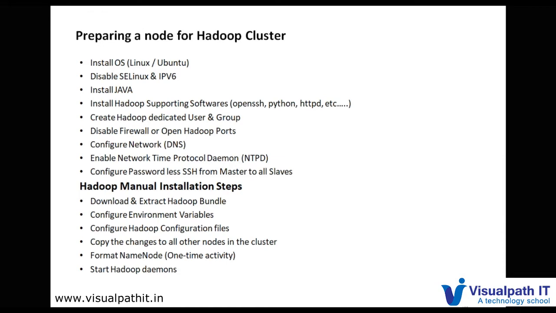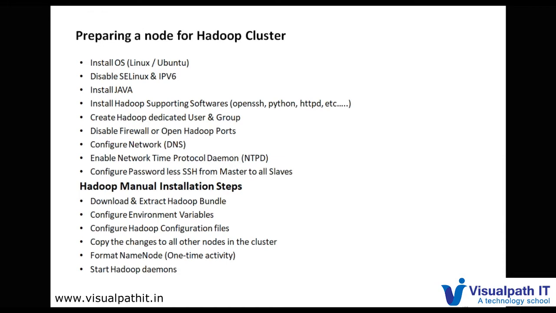Next, Hadoop manual installation steps. What is this? Let us see. The first step: Hadoop is open source, so we get it from the website. Download and extract the Hadoop tar files, configure the environment variables, configure the Hadoop configuration files, and copy the changes to all other nodes in the cluster.